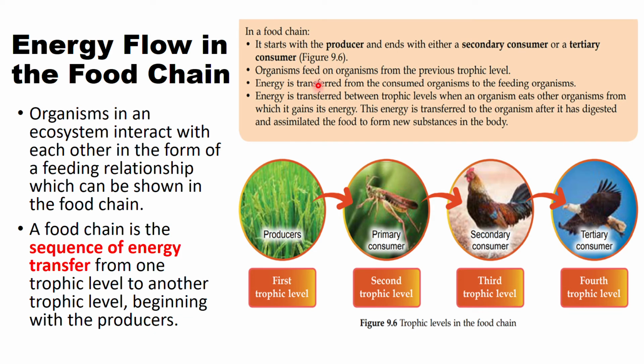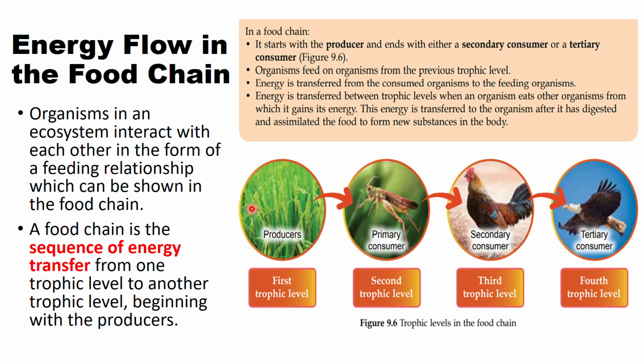So organisms feed on organisms from the previous trophic level. Do you understand the statement? Maksudnya here in this case is that this grasshopper is feeding on the previous trophic level, and that's the producer, dan seterusnya. Therefore, what happened in this relationship is that we get to see the energy being transferred. So energy is transferred from the consumed organisms to the feeding organisms.